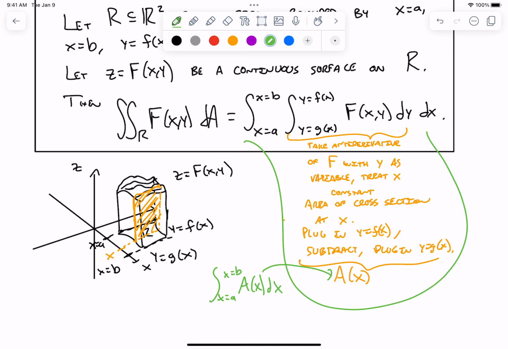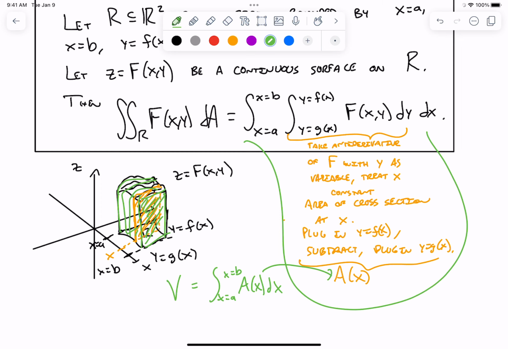And then you calculate that, and what that's doing is taking all of these slices from the very first one to the second slice, third slice, fourth slice. I mean, there's not really a first, second, or third. But you imagine putting together these cross-sections all the way across the figure until you get to that cross-section at x equals b, and it integrates the areas of all of those cross-sections. When you put that all together, that gives you the volume. And that's the double integral.